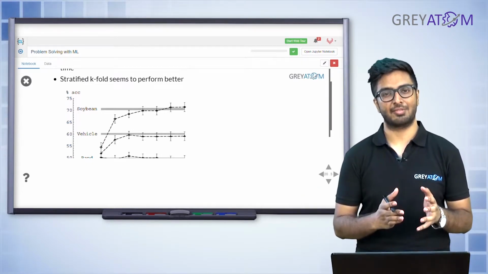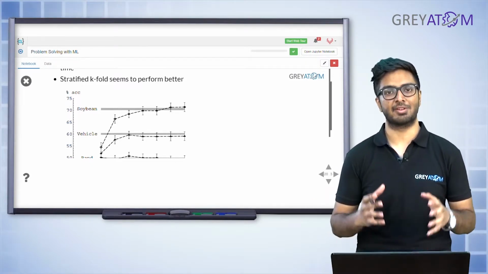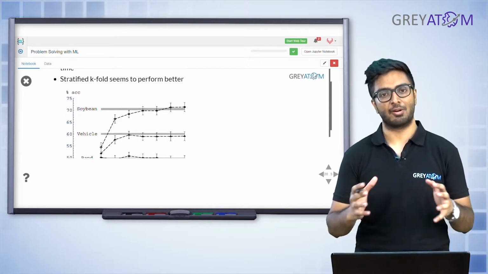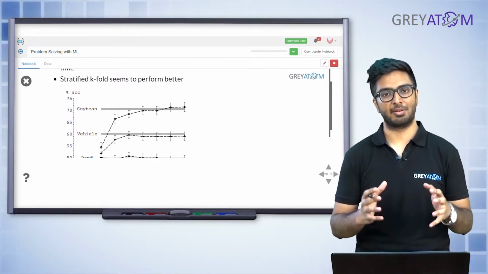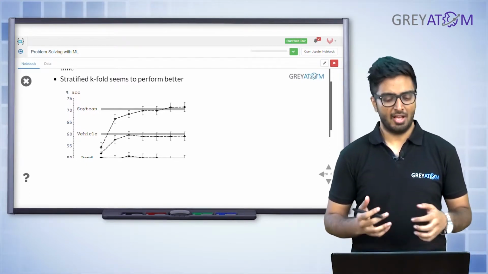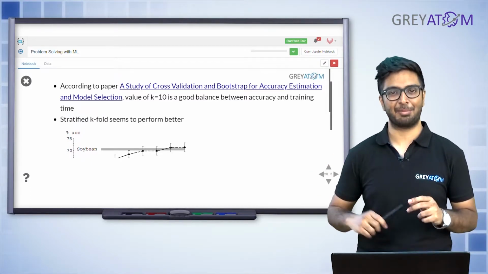So stratified cross-validation works better than random cross-validation in those cases, because you are making sure that all the classes, all the strata of the data, are aptly represented in the stratified k-fold.